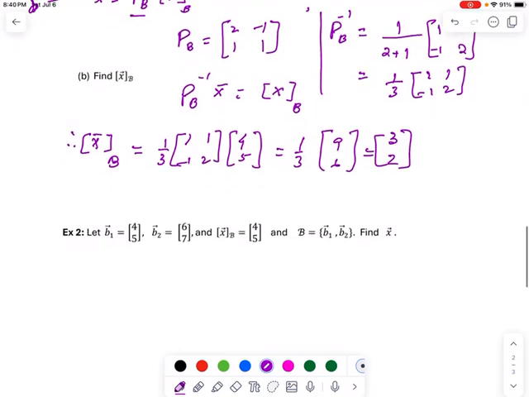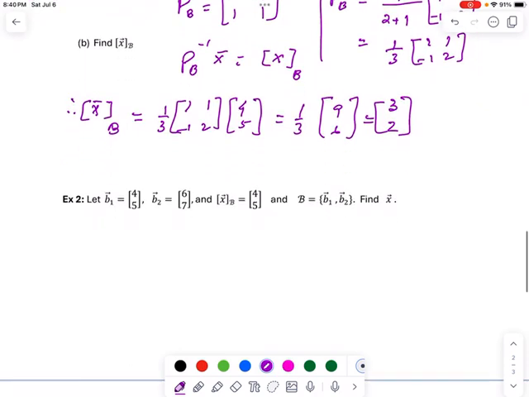Now looking at the second example, we are again given 4 5 and 6 7. These are basis vectors; B1 and B2 form a basis. This time we want to find x. X_B is given and we want to find x.